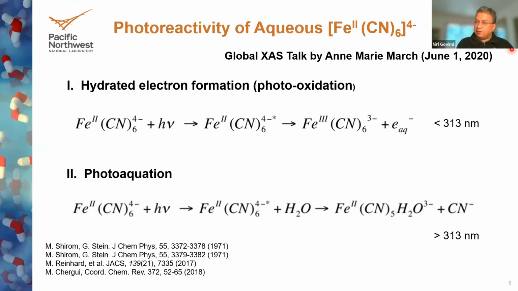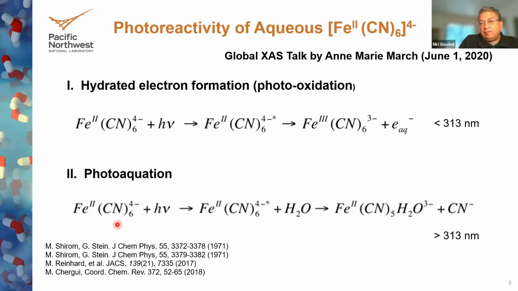So I'll get into a little bit more detail here and show how our capabilities were able to unravel some of the underlying dynamics. At a high level, there are two processes involved in this photoreactivity mechanism. The first one, below 330 nanometers, is a photooxidation process.